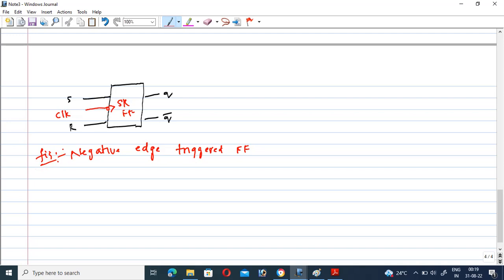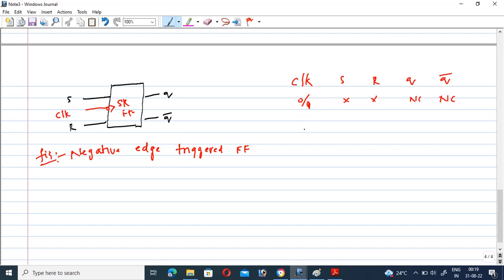We know the characteristic table for flip-flops, with clock signal, S, R, Q. Whenever the clock is 0 or 1, whatever the SR values, the output has no change. NC represents no change, because we are dealing with the rising edge.